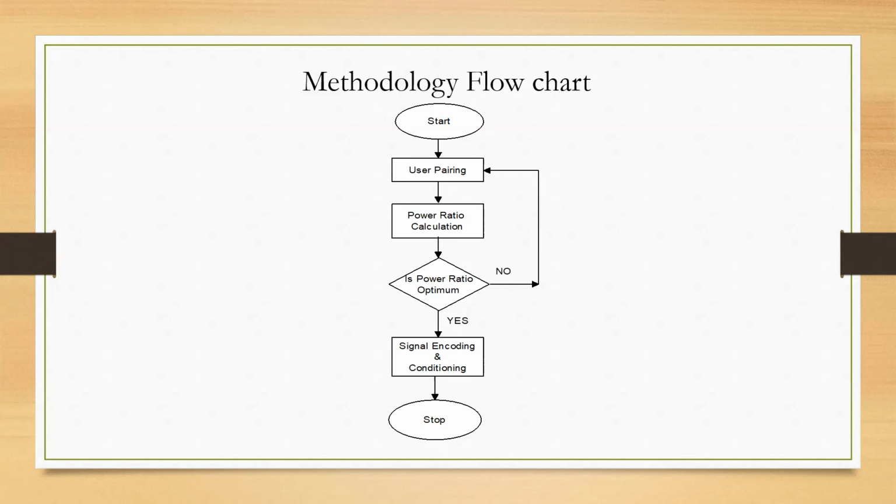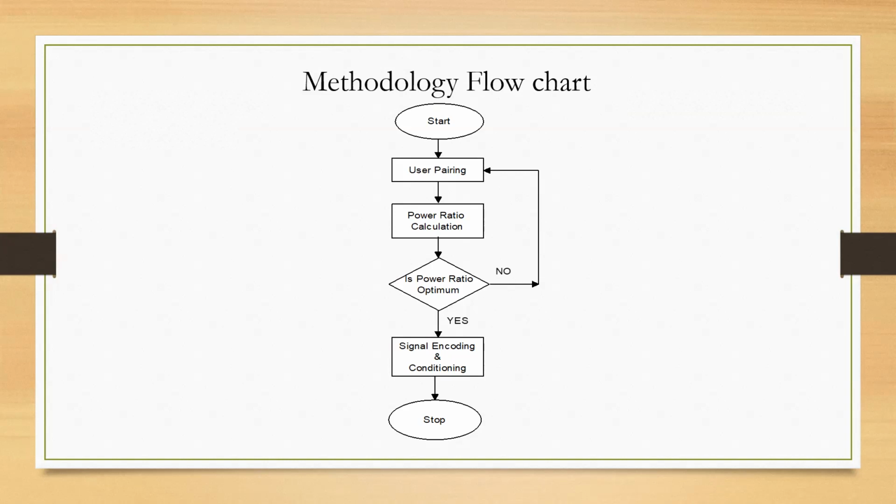For the calculation of the power requirement of these users, we have used the free space path loss model, according to which the power requirement of a user is directly proportional to the distance between the transmitter and receiver. So as the distance increases, the power requirement of a particular user increases.